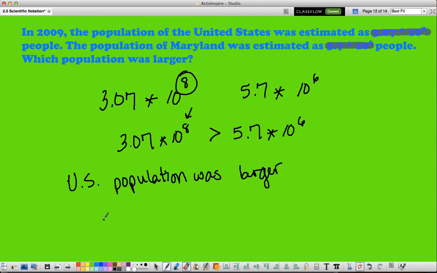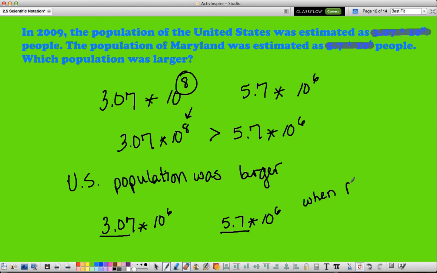Okay, and as a quick example, let's say that they're both the same. So let's say that we had times 10 to the 6th, times 10 to the 6th. Since they're both the same, then you would compare your other numbers.